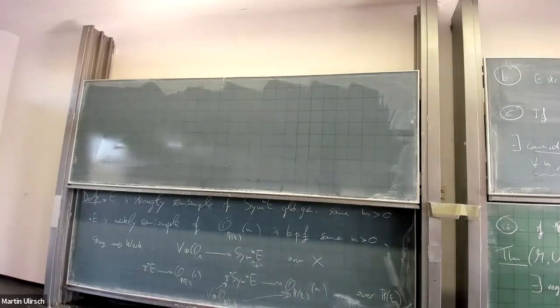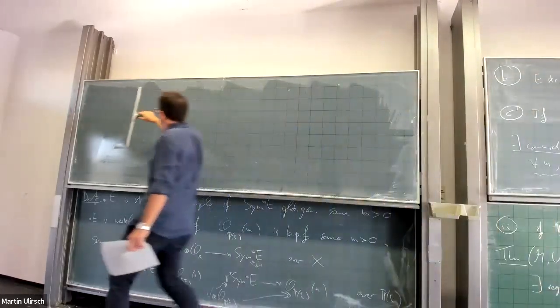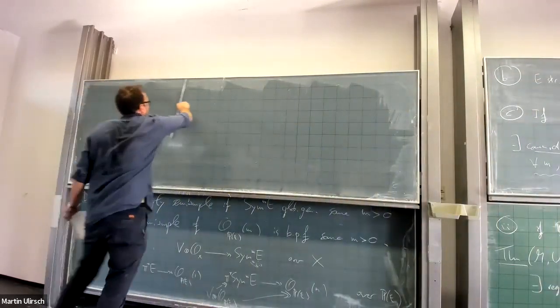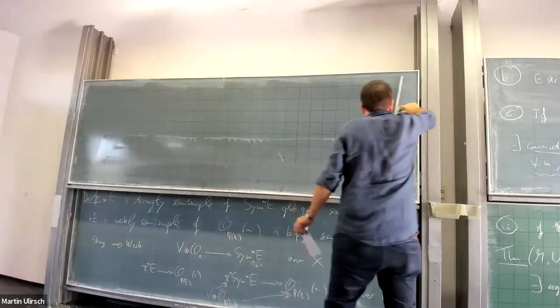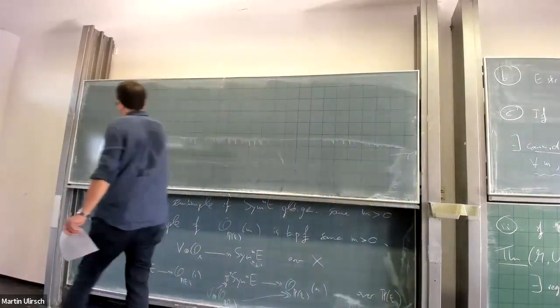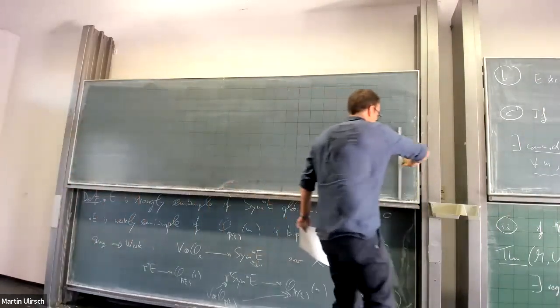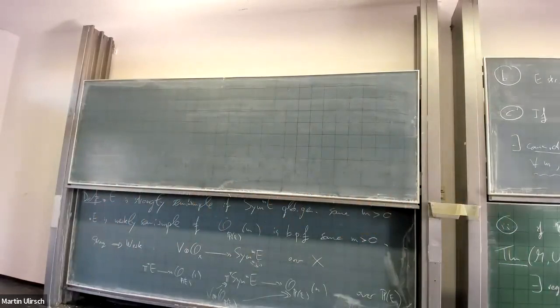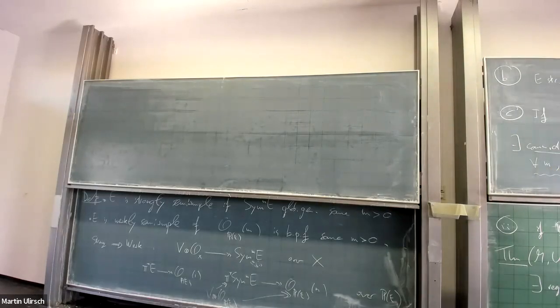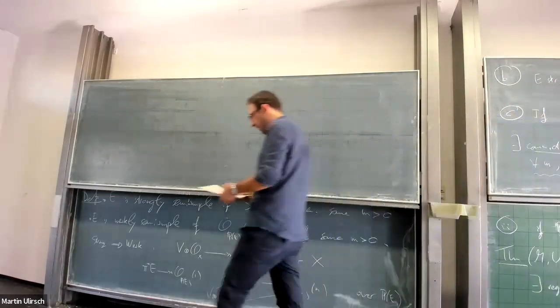So let me try to construct this diagram. First, I will explain what all the maps are. Basically, we have a given map phi_m, and then we want to consider the higher power multiplied by k.